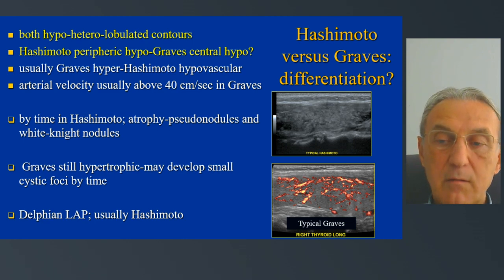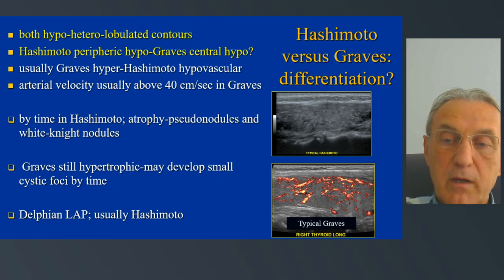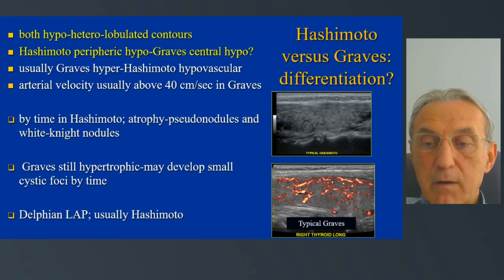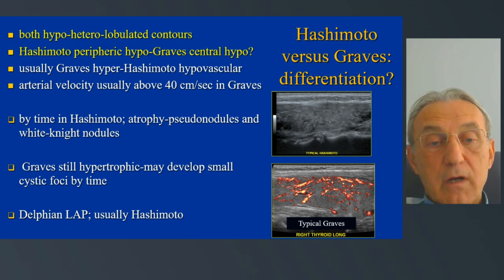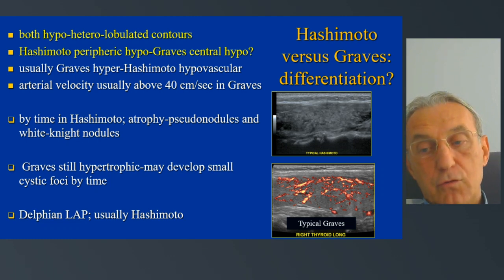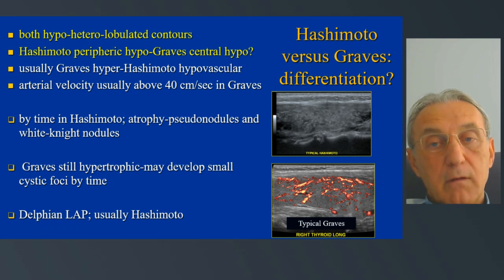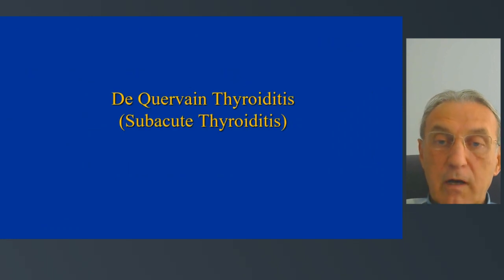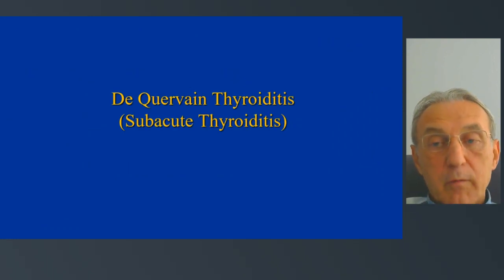They can still be hypertrophic after many years and may develop small cystic foci by time. Delphian lymph nodes are quite specific for Hashimoto, but they can be seen in other thyroiditis also. It's not 100%.